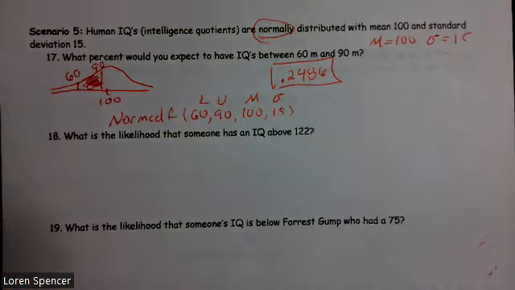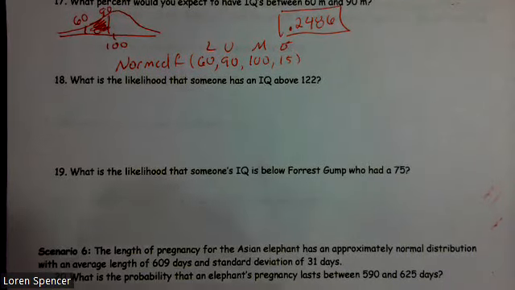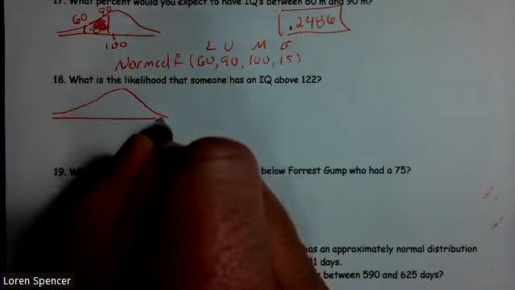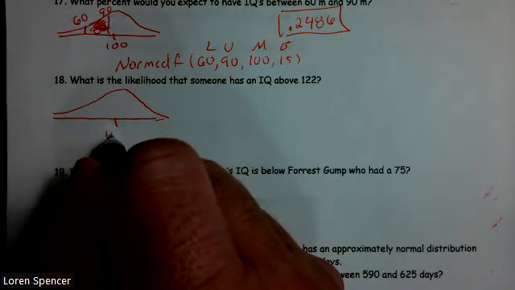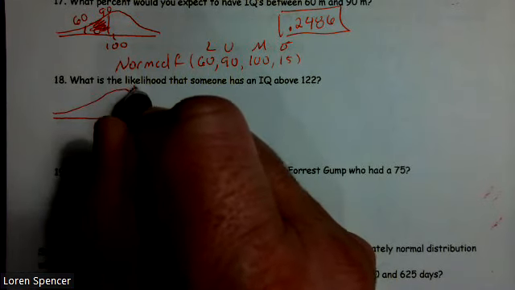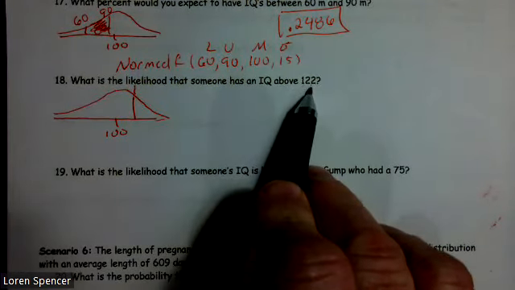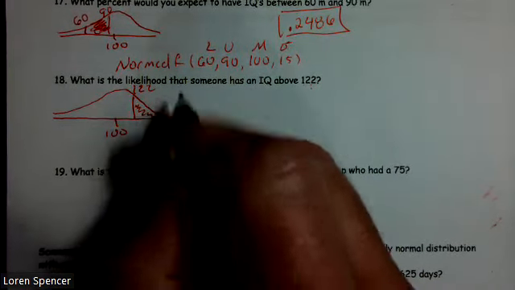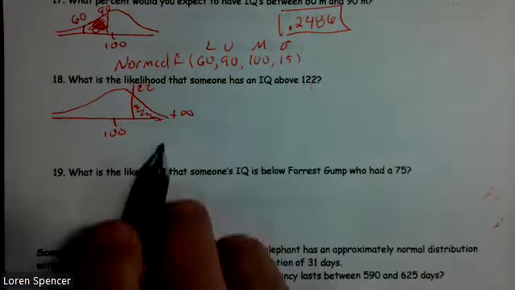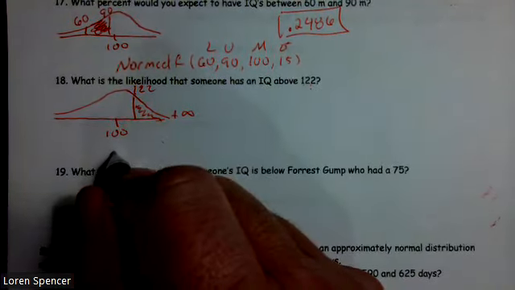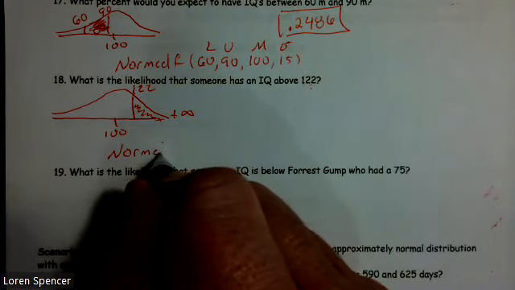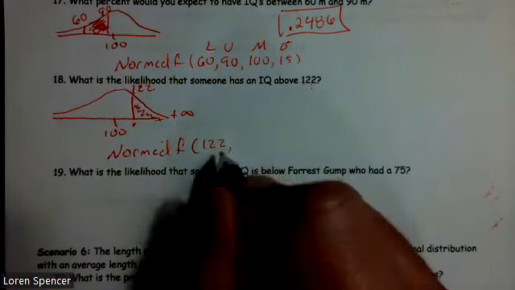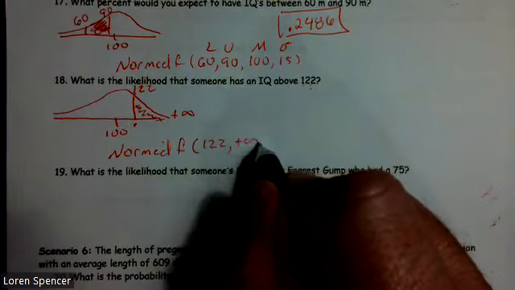What's the likelihood someone has an IQ above 122? So our mean is 100, our standard deviation is 15, our starting point is 122. And they said above, so I'm shading up. So I'm shading to positive infinity because they didn't give me an upper bound. Still working with the norm CDF. My lower part of my shading is 122. My upper part of my shading is positive infinity.